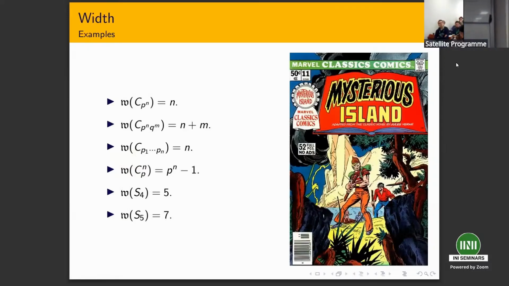When you first look at these, it seems random. So we have Cp to the n, this is n. For Cp to the n, the subgroup lattice is just a linear order, a line, and you have to have each little segment of that line to complete everything. You can't get away with anything less. For grids, so for Cp to the n, q to the m, I have n plus m things going on.